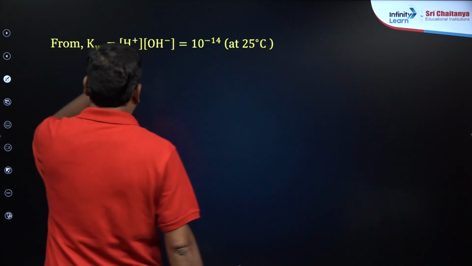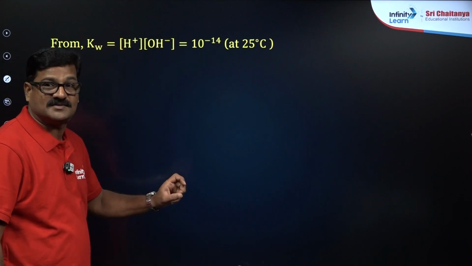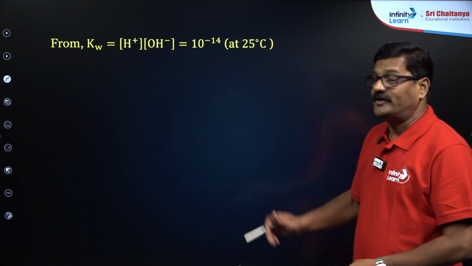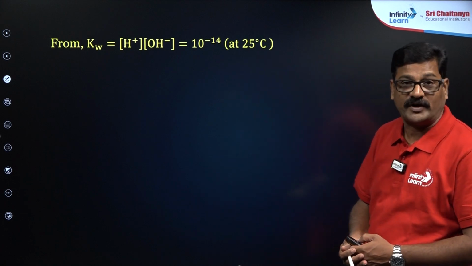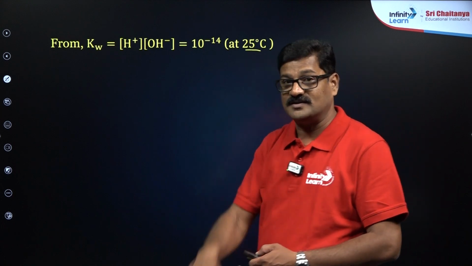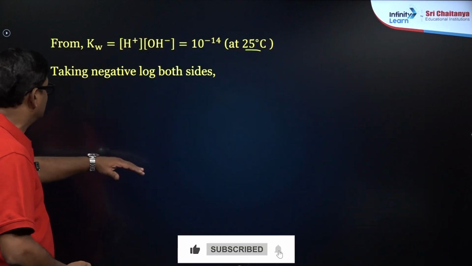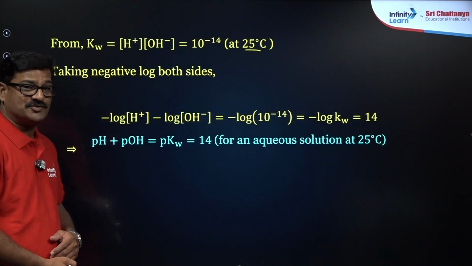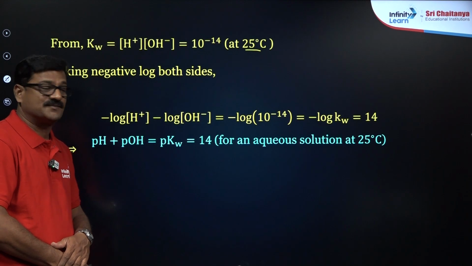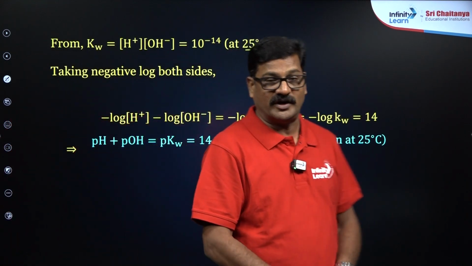And you know that the ionic product of water, Kw, is equal to the product of H plus ion concentration and OH minus ion concentration, that is equal to 10 power minus 14 mole square per liter square. This is valid only at 25 degrees centigrade. Taking the negative logarithm on either side, negative log H plus minus negative log OH minus is equal to negative log 10 power minus 14, that is negative log Kw, which is equal to 14.